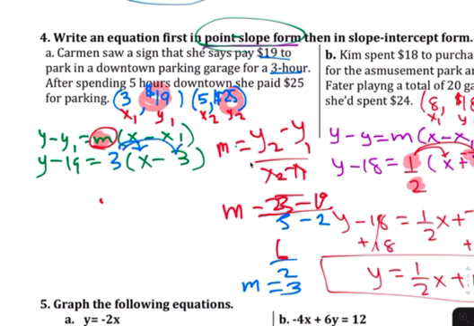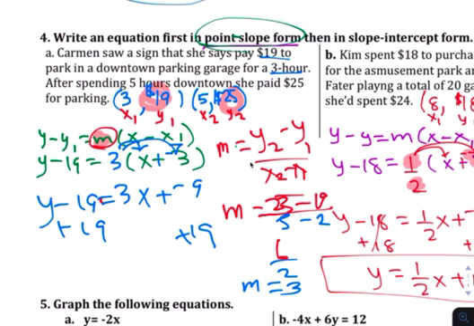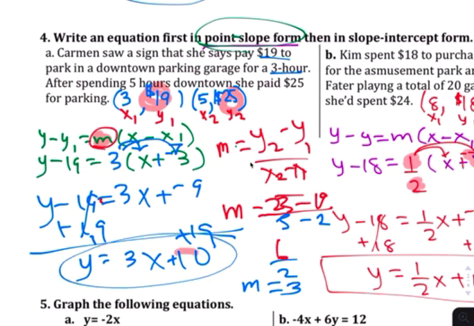Distribute: 3x plus a negative 9. That's your answer. The y-intercept is negative 10. The slope is obviously 3 right here.